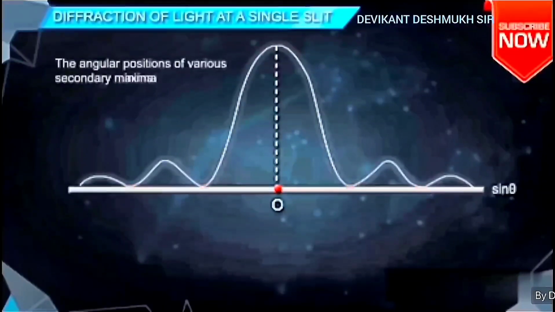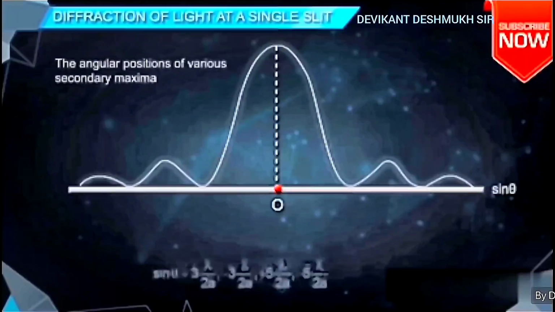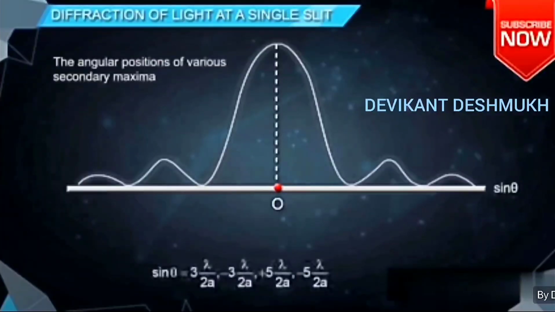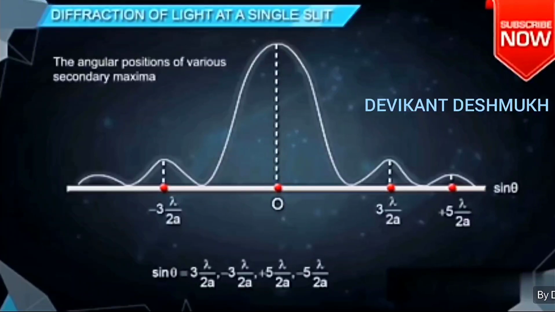Similarly, the angular positions of various secondary maxima around central maxima are plus 3 lambda by 2a, minus 3 lambda by 2a, plus 5 lambda by 2a, minus 5 lambda by 2a and so on. The intensity of central maximum is highest and the secondary maxima go on decreasing with the distance from O.